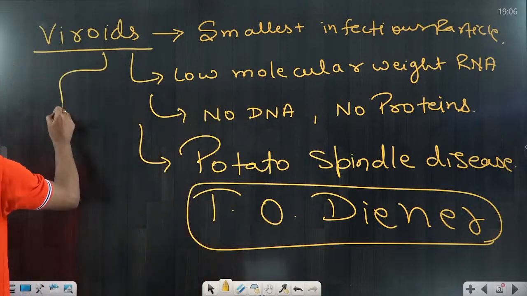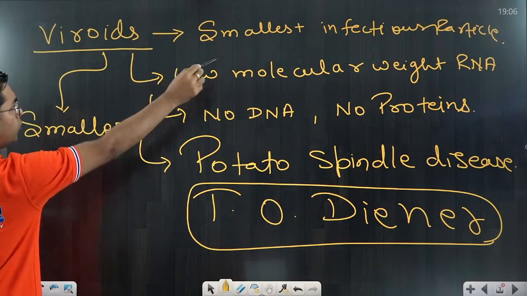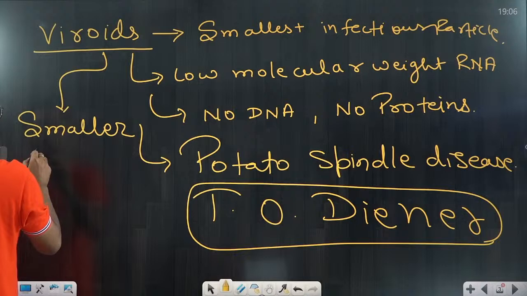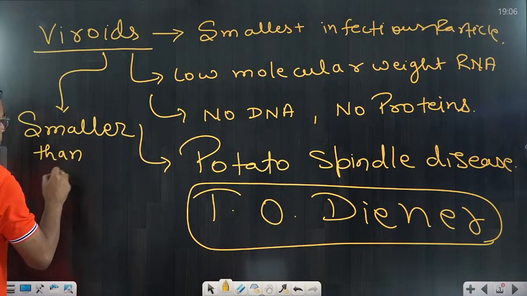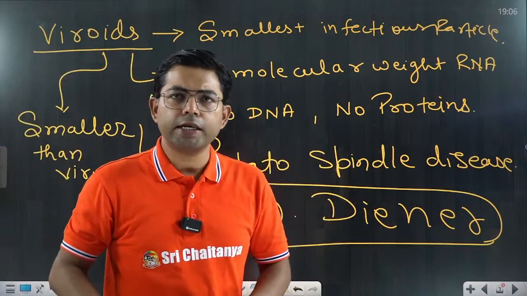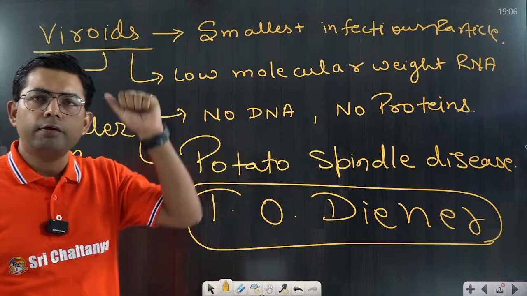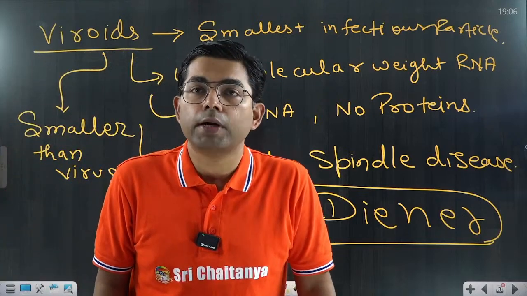They are smaller than viruses, and that is why it is called the smallest infectious entity. So this is about viroids. I think this is also very clear. These concepts you have to remember. Now can we move on to the next one, that is prions.